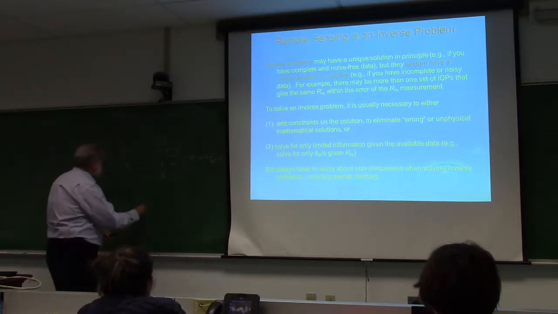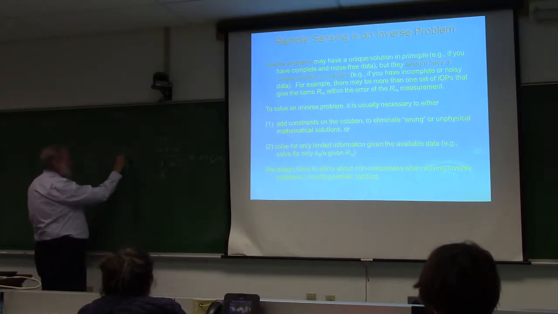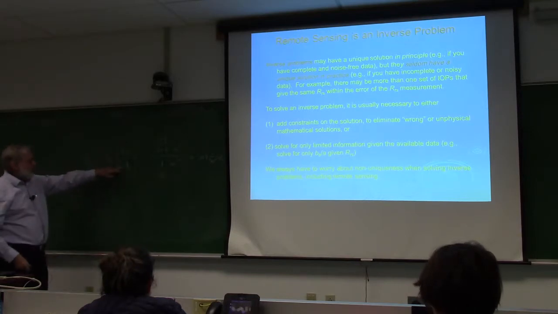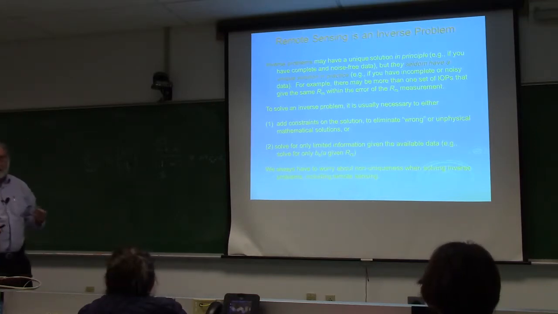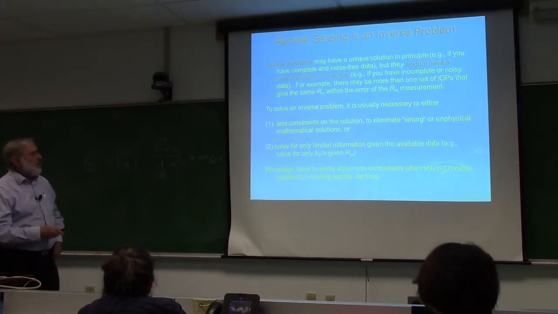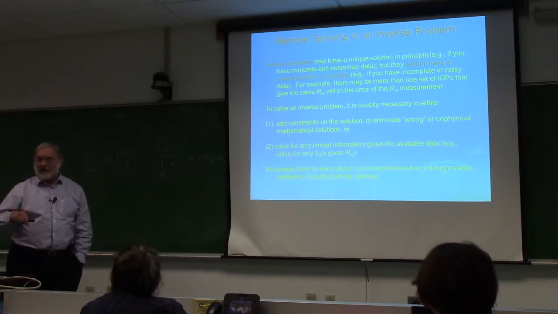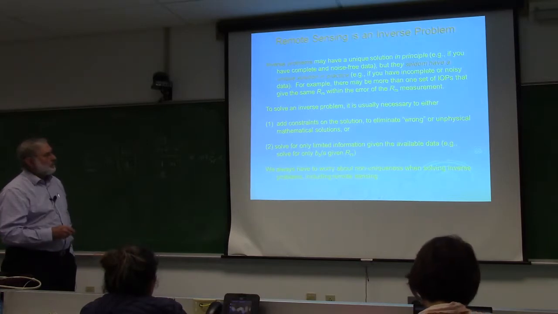And of course you can see if you have one number to go in, you can only come back with one number, which is the ratio. If I want to get both of these things, I need to give it two pieces of information to start. So this is always a problem when you're doing inverse problems or remote sensing, that you have to be careful about whether or not you actually got the right answer and not one that's just a possible mathematical answer.